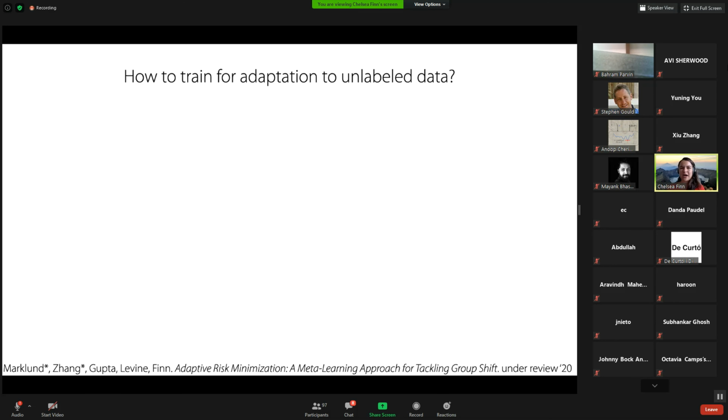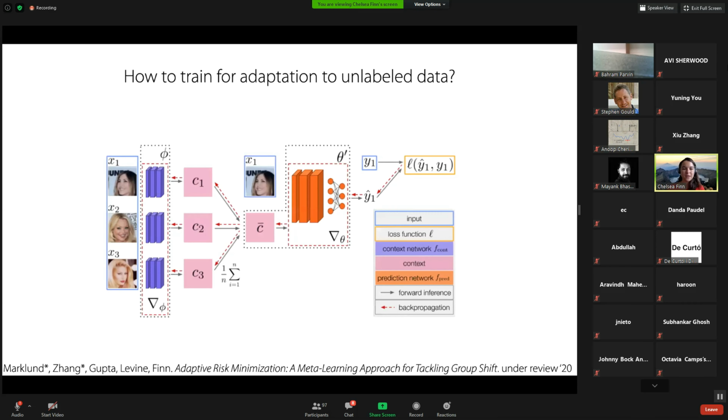Okay, so how do we actually train for adaptation to unlabeled data? For this, we need to essentially build a meta-learning algorithm that can adapt to unlabeled data rather than labeled data. To do this, we'll build upon previous approaches that essentially condition the network as context on the data.